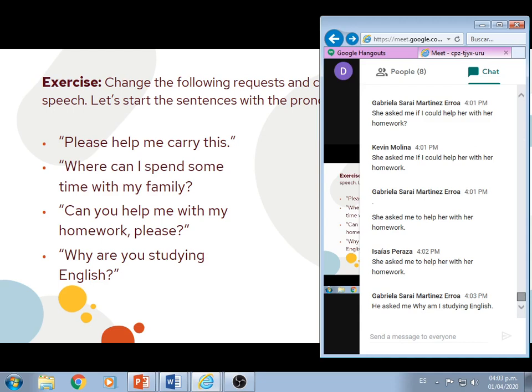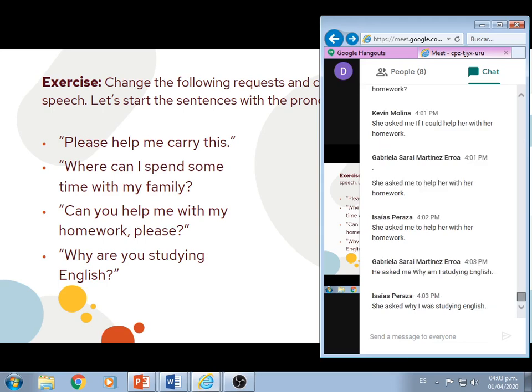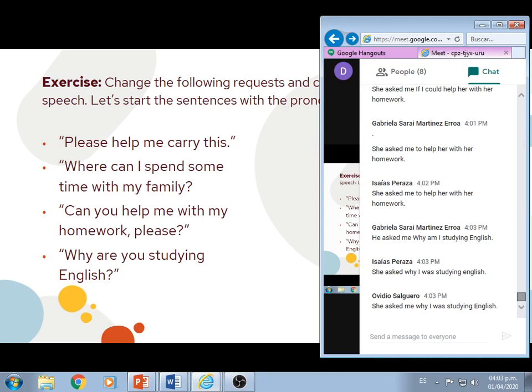Remember, after the WH word, you need to have the subject and then the rest of the verb. Oh yeah, and take a look at the change of tense.